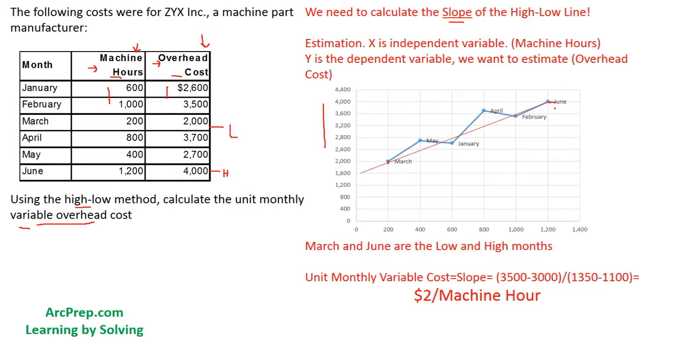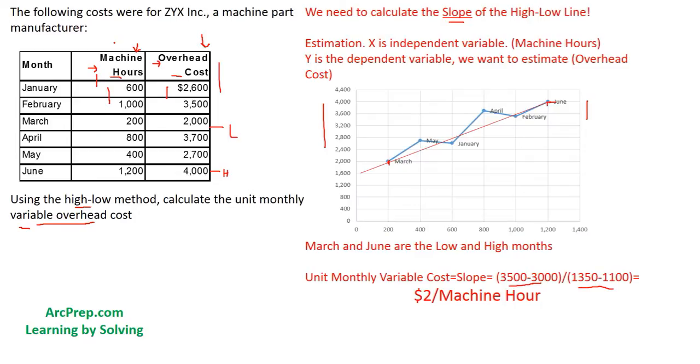And the rest of this becomes simply mathematics, in the sense that we are trying to calculate the slope of a curve through two points. We need to take the difference of their y's, the overhead costs, divided by the difference of the x's, machine hours in this case.